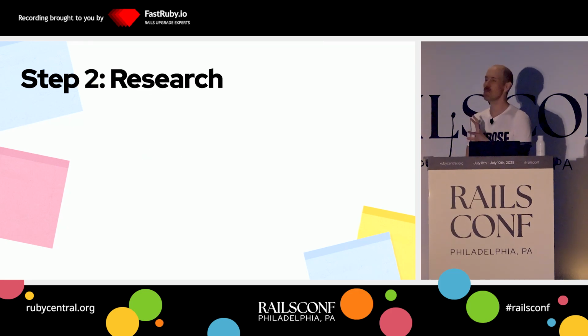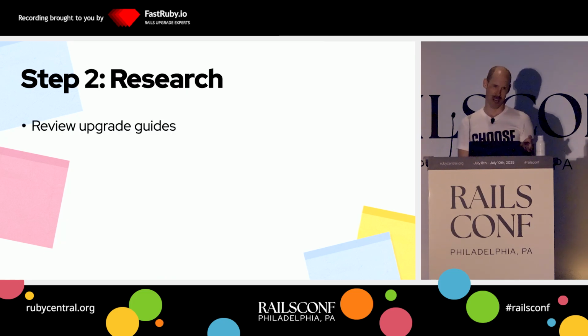OK, so this is the part that I spent the most time on, and this is research. You need to review the upgrade guides. If I had done my due diligence and carefully read the Rails upgrade guides, which I thought I did, I would have seen that, yes, default files are mentioned in the Rails upgrade. I would argue they're near the bottom and not as prominent, but they are mentioned.